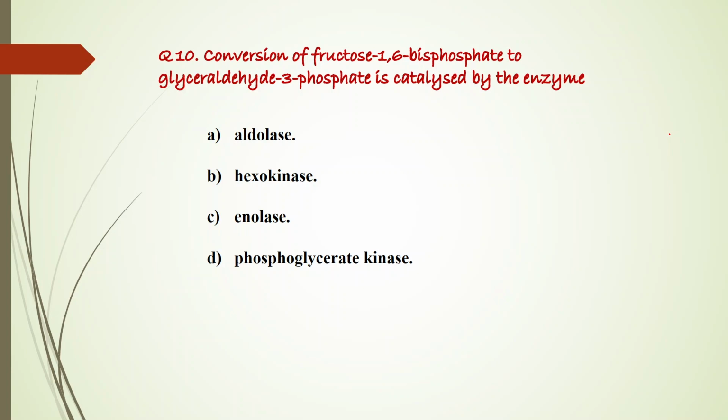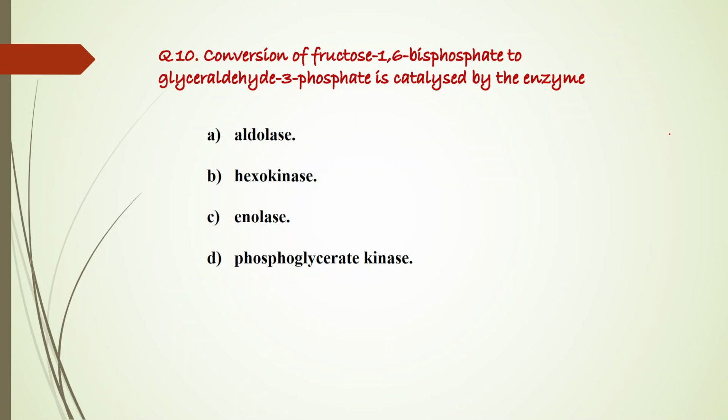This is one of the most important steps in the glycolysis. Basically, from fructose to glyceraldehyde 3-phosphate means there is a reduction in the number of carbon atoms. Fructose means there are 6 carbon atoms, but then you are moving to glyceraldehyde 3-phosphate, that is, glyceraldehyde means you have your 3 carbon atoms.